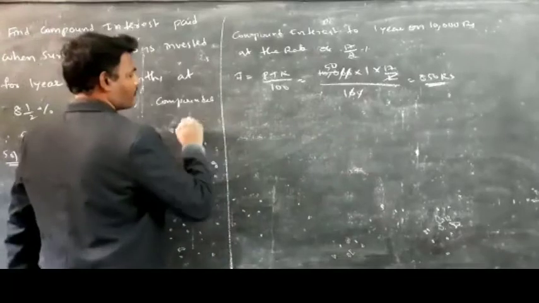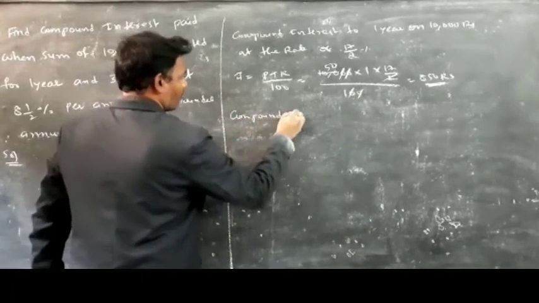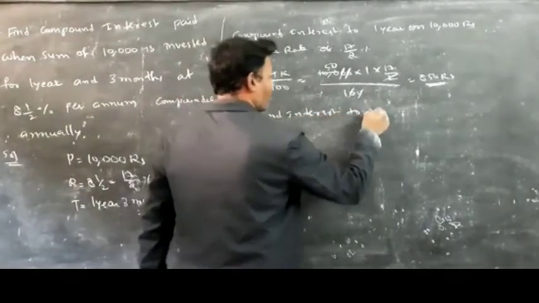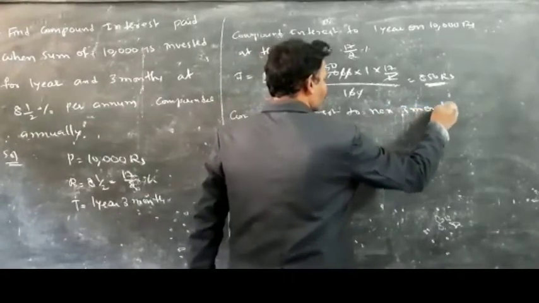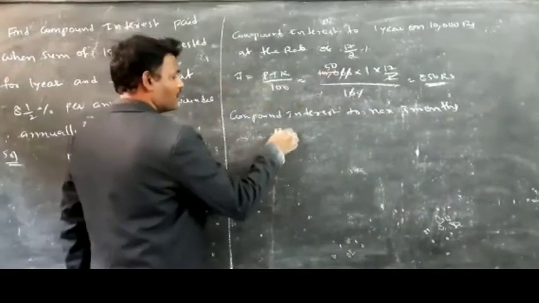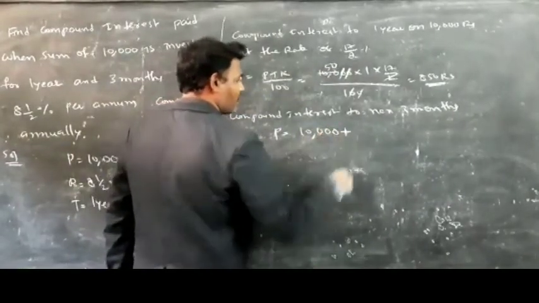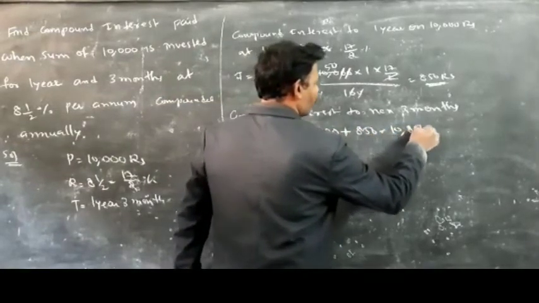See, next, compound interest to next 3 months. Next 3 months means after 1 year 3 months. Now principal amount after 1 year, first 10,000 and also plus interest is equal to 10,850.